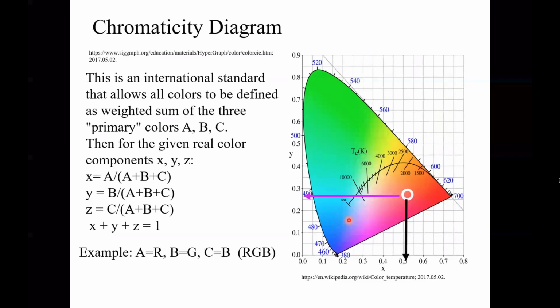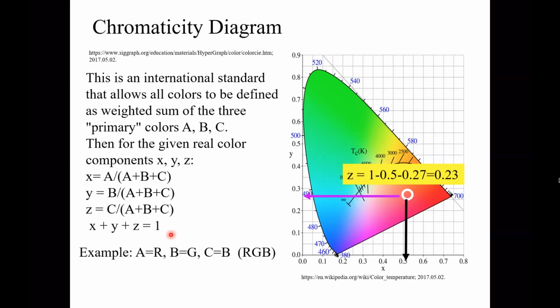If I know X and Y, and I know that the sum of X, Y, and Z must be equal to 1 unit, so this is like 100%, I can calculate now what should be the value of Z. It should be 0.23.